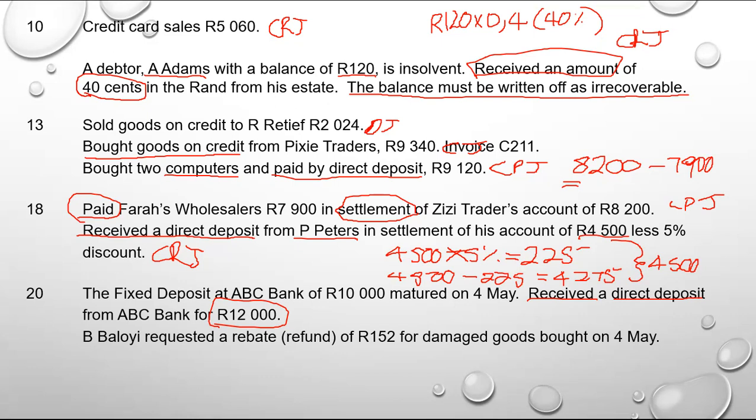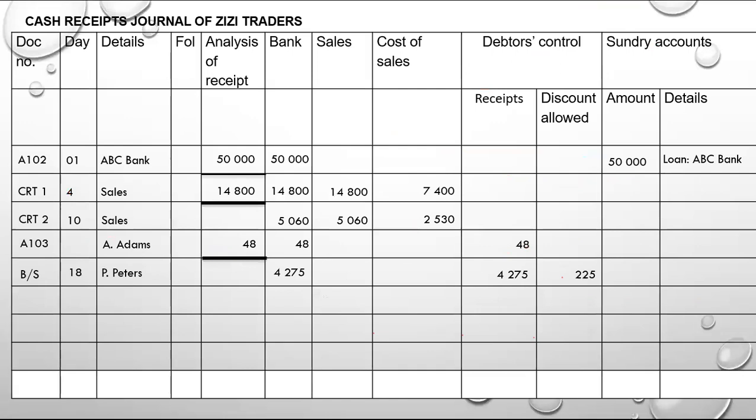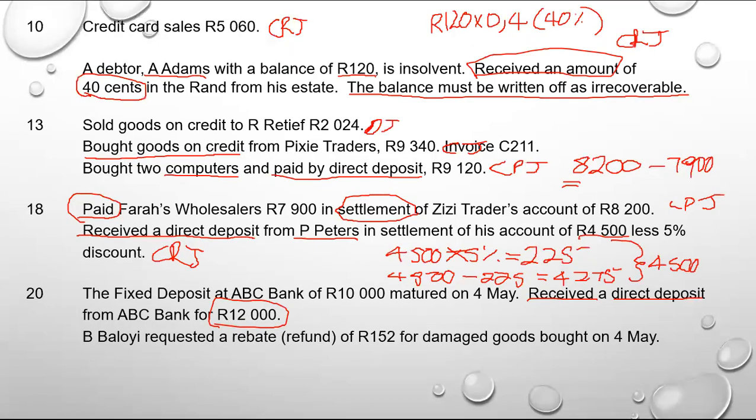When you record it in the cash receipts journal, you'll put it as, well, they didn't specify whether we received it as a direct deposit or not. Did they specify? They said we received it as a direct deposit. Okay, we received a direct deposit. Again here, our source document will be your bank statement.